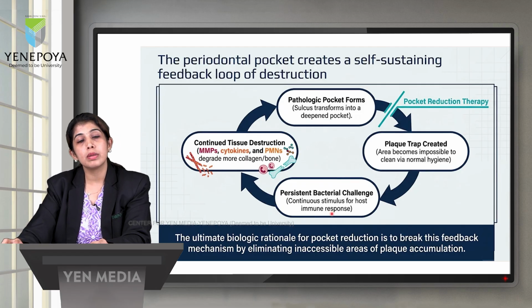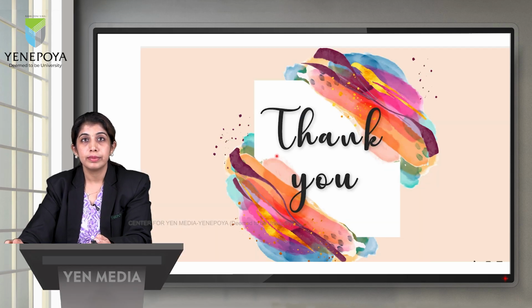Once your immune system is so highly activated, it releases collagenases or MMPs and cytokines, which will more and more degrade collagen and bone. So ultimately this feedback continues, leading to tooth loss. So pocket reduction therapy or periodontal therapy is very much crucial so that the pocket does not form a self-sustaining ecosystem. Thank you.